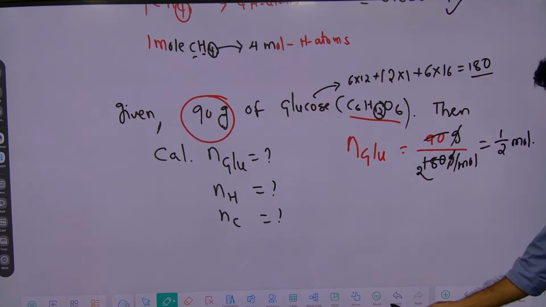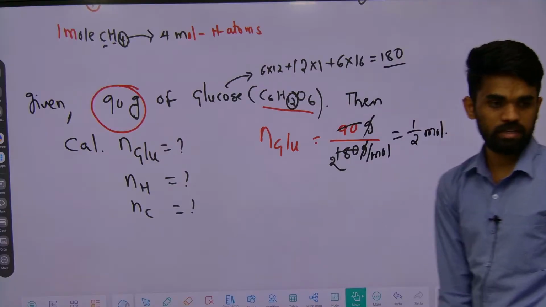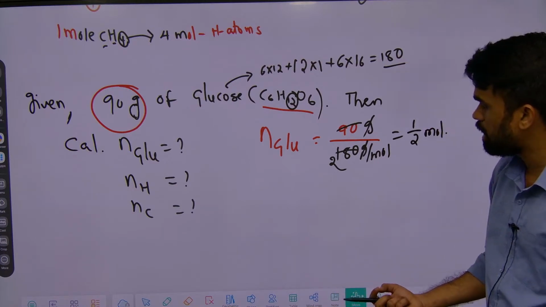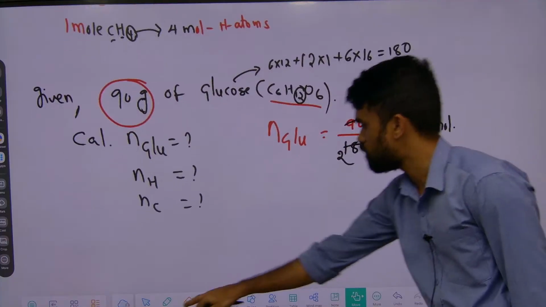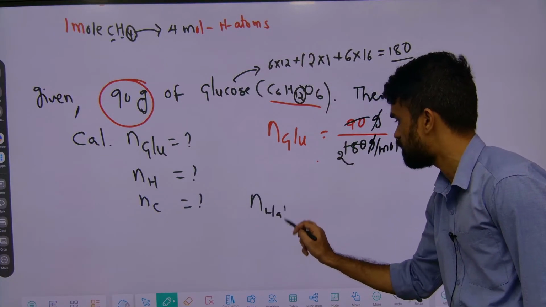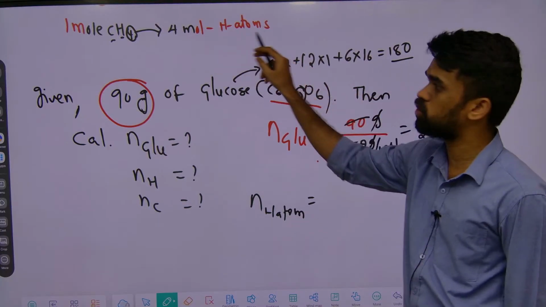This is fine. Next, what I am asking? Moles of hydrogens. Find it. So it's very simple. Moles of hydrogen atoms I am saying now. First, you know, in one glucose unit, how many hydrogen atoms are there?